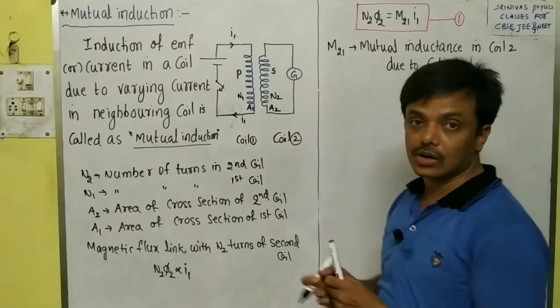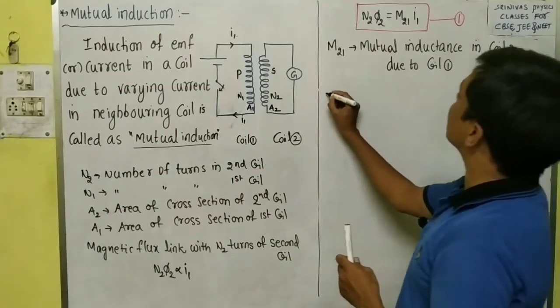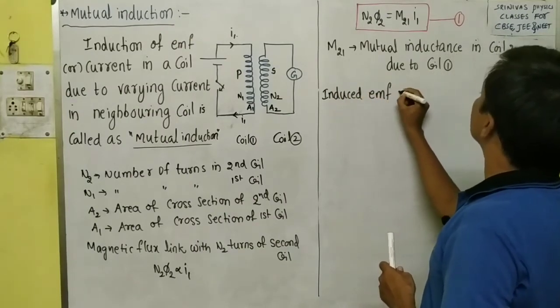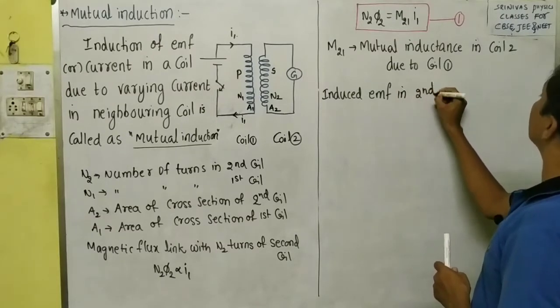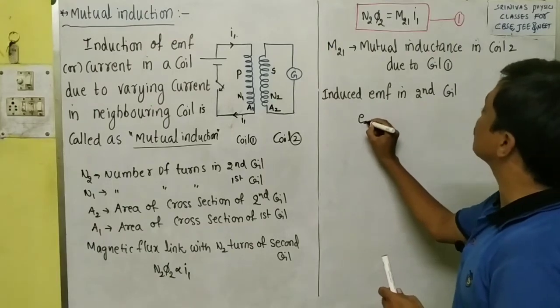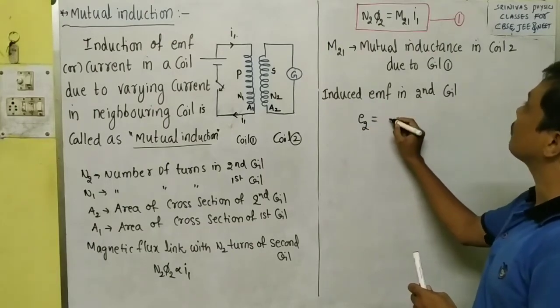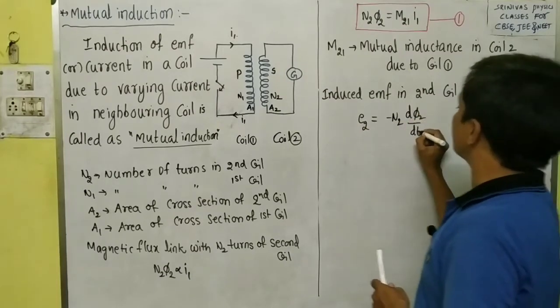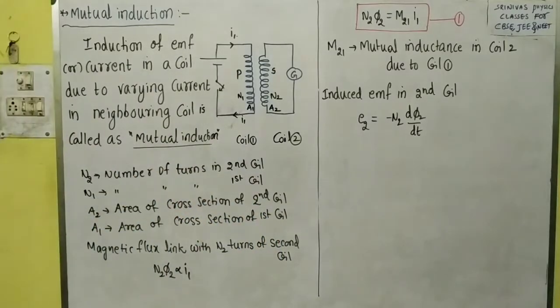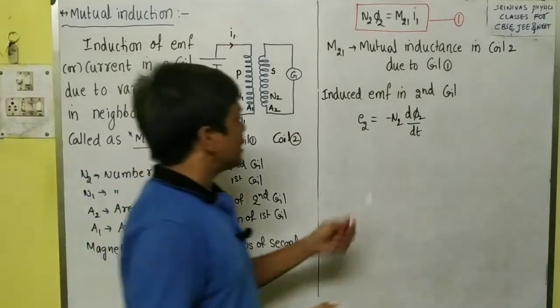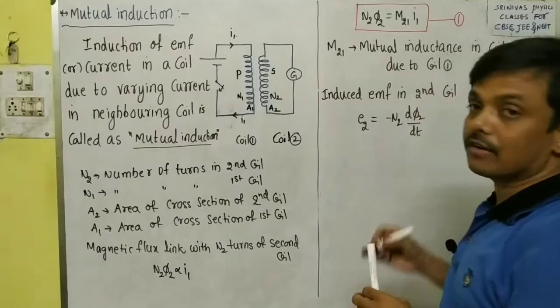Whenever the flux linked with the second coil changes, EMF is induced in the second coil. If you want the induced EMF in the second coil, what do we write? That is E2. According to Faraday's law, E2 is equal to minus N2 d phi 2 by dt.